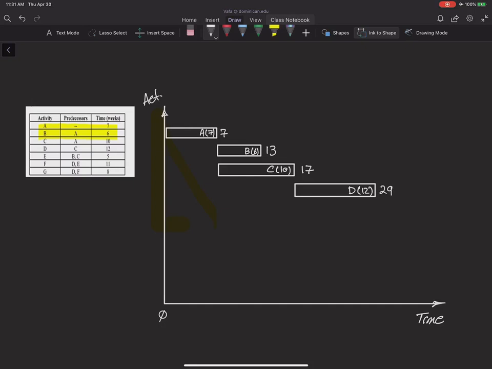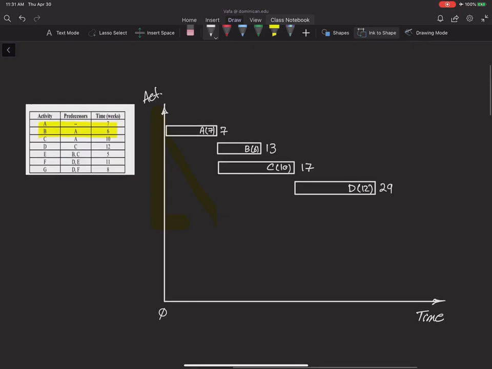Then I have activity E that starts after B and C and goes for 5 weeks. So B and C means that it should start after C because C is longer. So basically it could start at the same time that D starts. E starts right after B and C, which means C, and it goes for 5 weeks.